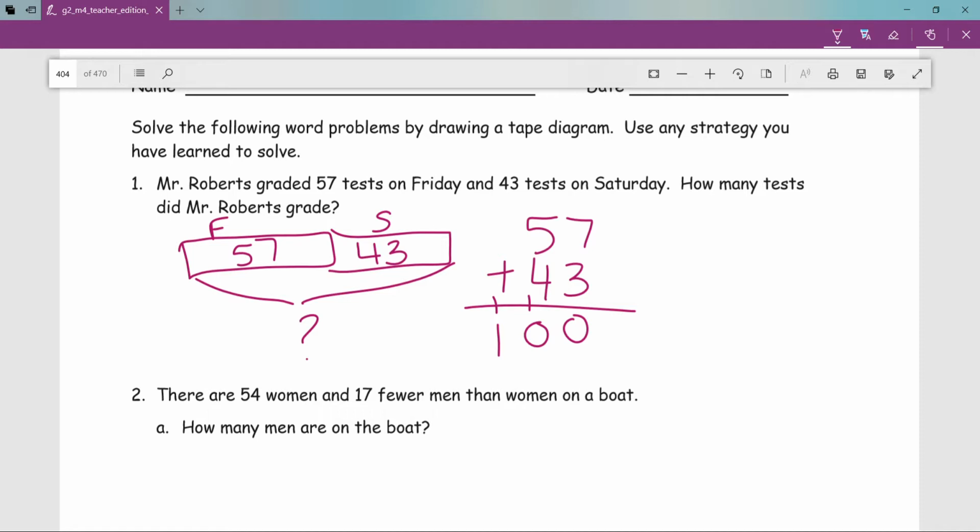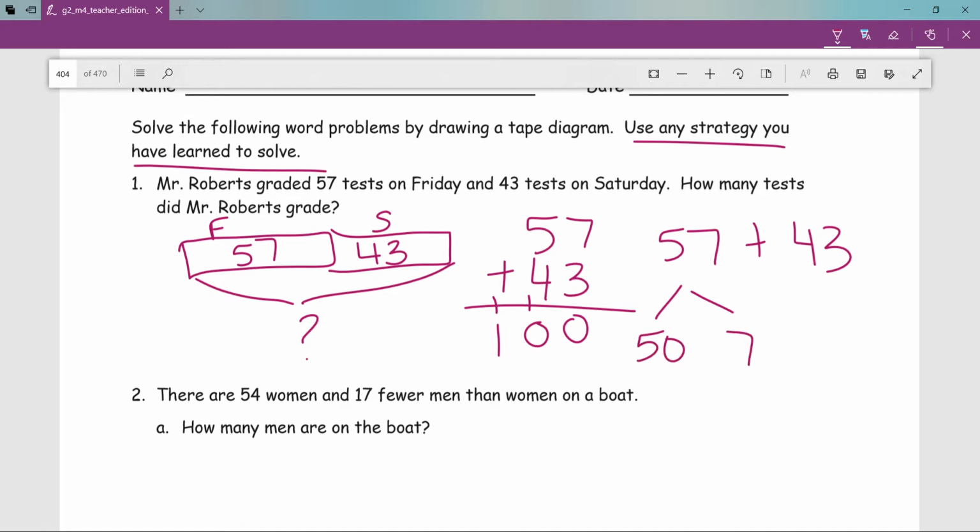Or, since it says use any strategy you have learned, they could actually use the strategy of pulling out a 10. So they could write it as 57 plus 43, and they could pull out that group of 10, 50, which leaves you with 7, and they could pull out that group of 10, 40, which then leaves you with 3. 7 and 3 make a 10, which would then mean you were just adding up a bunch of 10s.